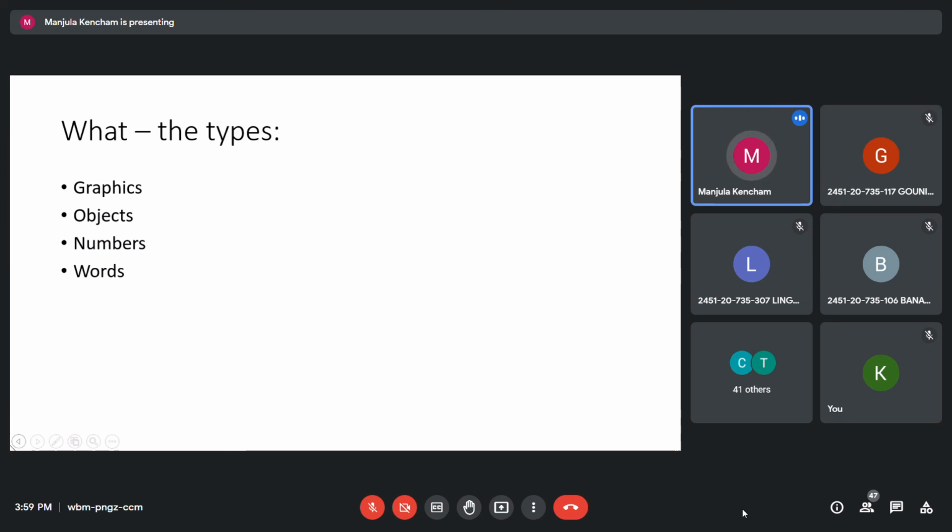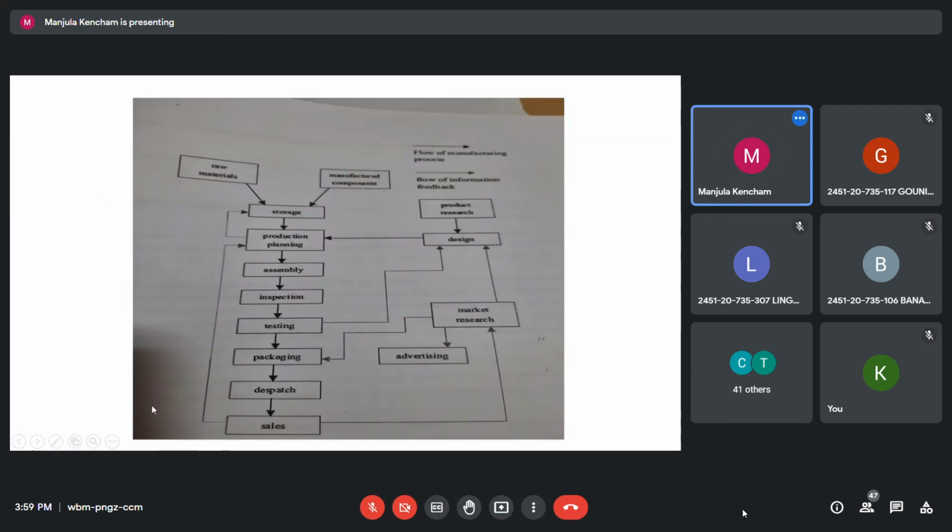Then what about the graphics? What kind of graphs do we have? What do they signify? When to use what kind of graph is also something we will be touching upon on Saturday. Fine.